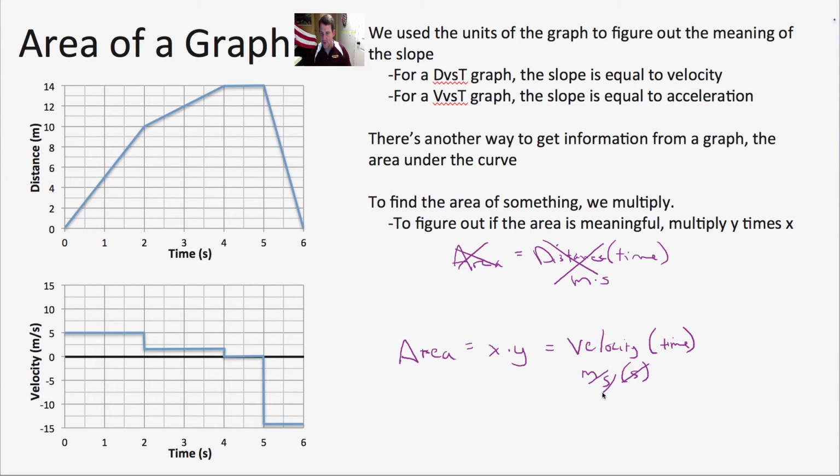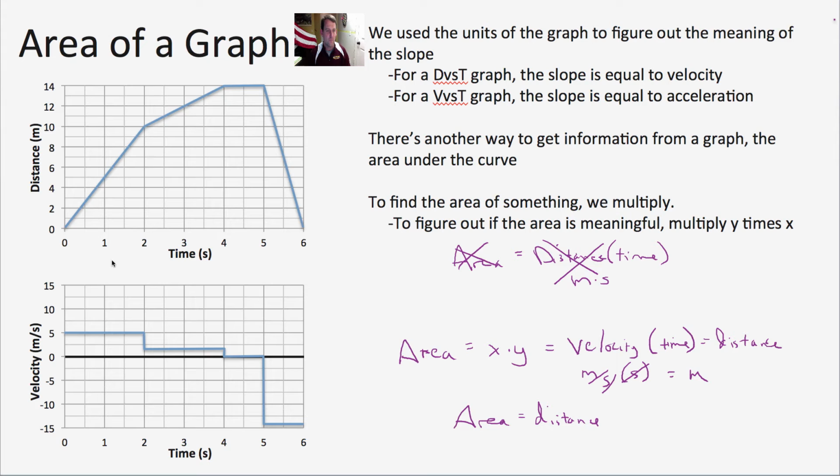In this case, seconds would cancel out, and you'd end up with just meters. And we know that if we multiply our velocity times our time, that gives us a distance. How far we traveled. So the area under a velocity time graph is meaningful. The area is equal to distance. And really it's equal to the change in distance.